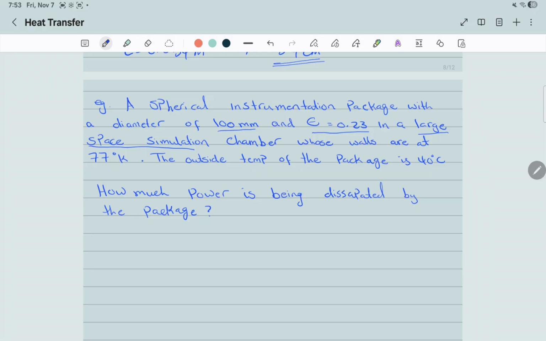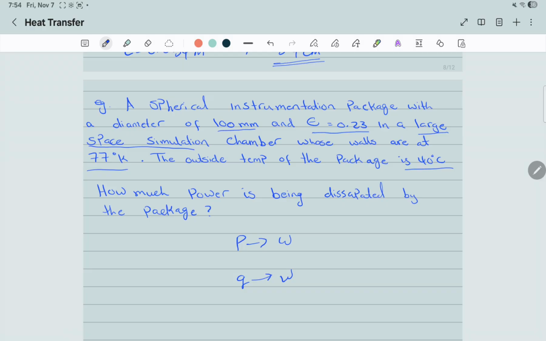Large space chamber whose walls are at 77 Kelvin. The outside temperature is 40. How much is the power being dissipated by the package? So power is measured in watts. What also is measured in watts is the heat rate. So we're looking for Q.